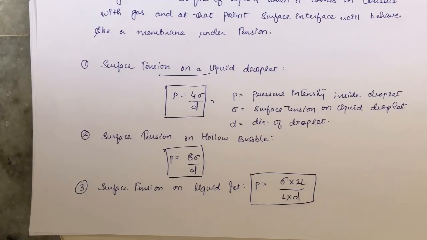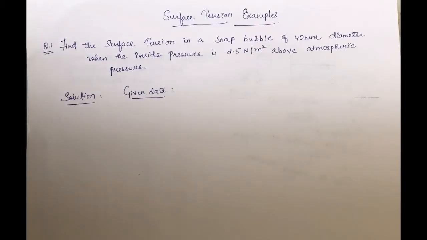Now let's see how we can carry out the examples of this property of fluid. Here you can see that one example has been written. Let's read out the example.